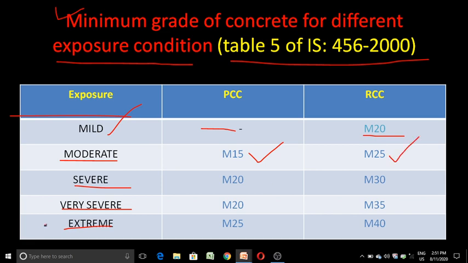For severe condition, for PCC M20, RCC M30. For a very severe condition, the minimum grade of PCC is M20 and the minimum grade of RCC is M35. Finally, in extreme conditions, the minimum grade of PCC is M25 and the minimum grade of RCC is M40.